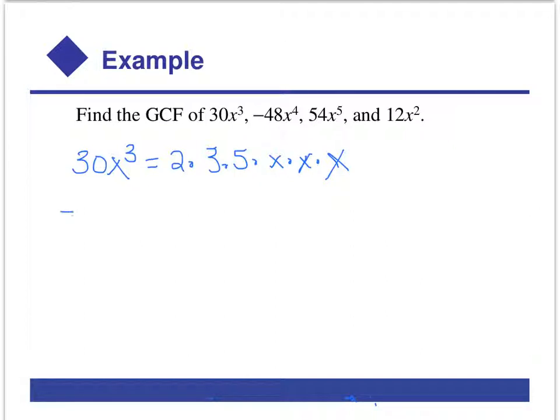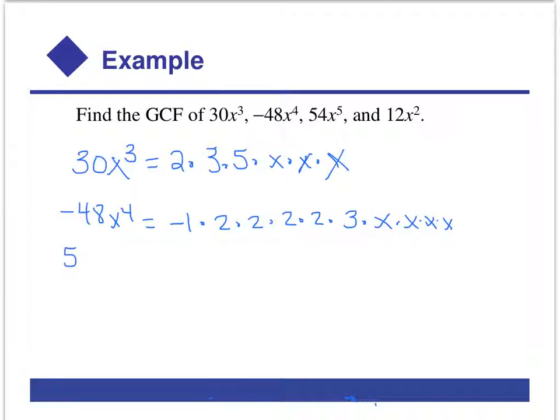And then for negative 48x to the 4th, we get negative 1 times 2 times 2 times 2 times 2 times 3 times 4 x's.